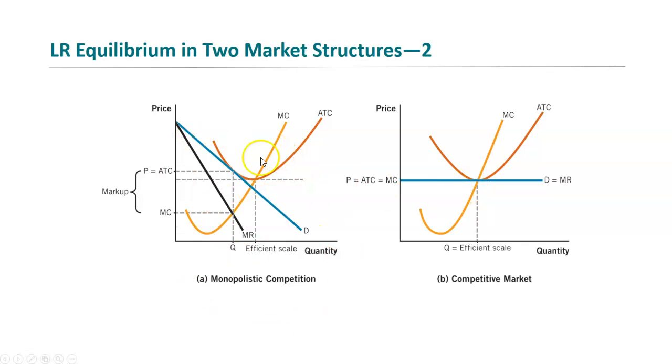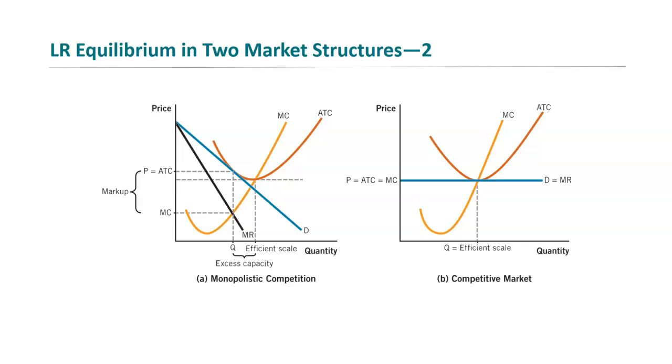What's going on over in monopolistic competition, though, is that when we produce at a quantity that maximizes our profit, we are going to be producing with an average total cost up here, not down here. So we're not producing at efficient scale.